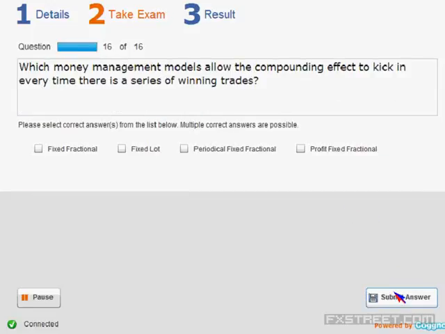And the last question, which money management models allow the compounding effect to kick in every time there is a series of winning trades? We have said that anti-martingale types of techniques are profiting from the compounding effect, each one at a different speed, but all of them profit from the compounding effect.